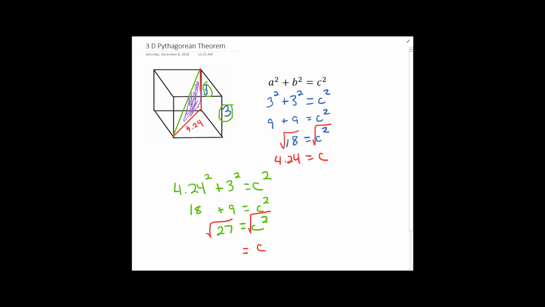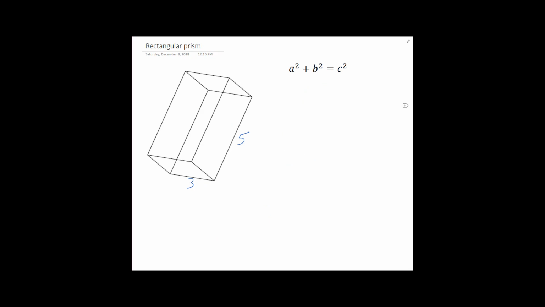So now c equals the square root of 27, which would be 5.19. We'll just go to 2 decimal places. So now we found out that this green hypotenuse here equals 5.19. So again, with a cube, we have to go through 2 different steps here.